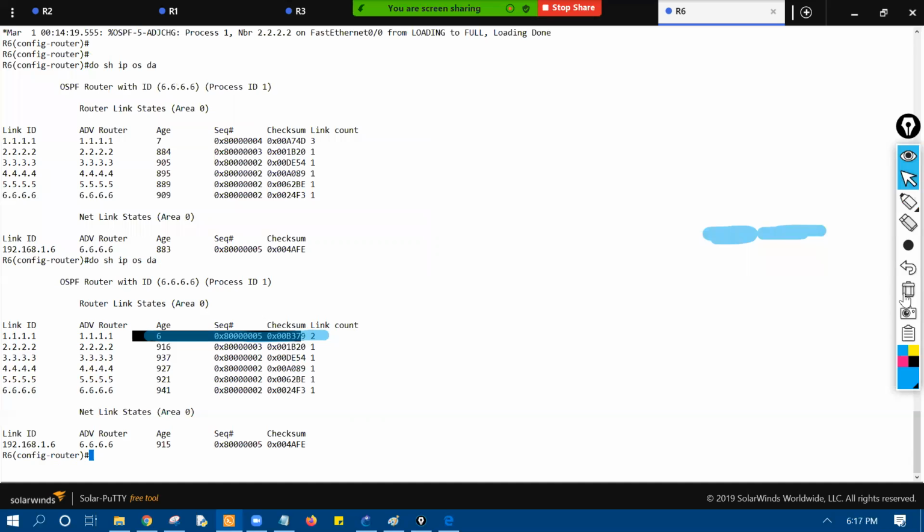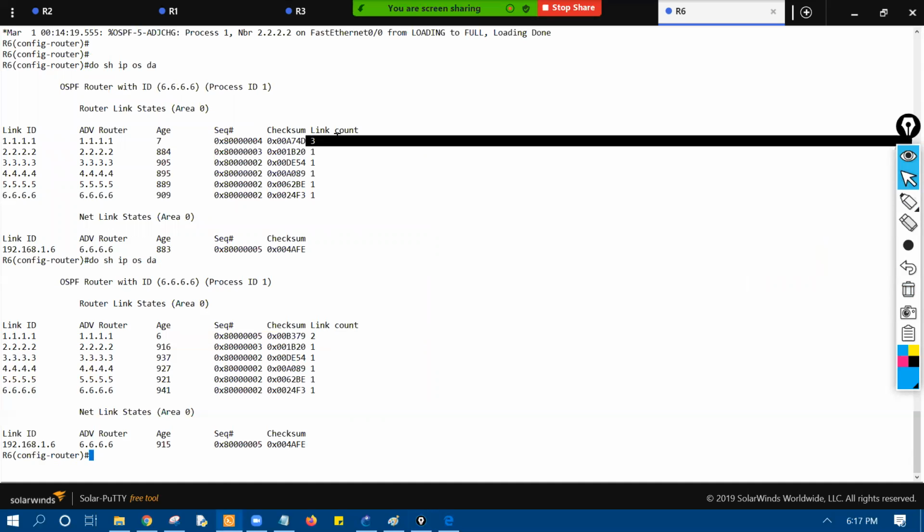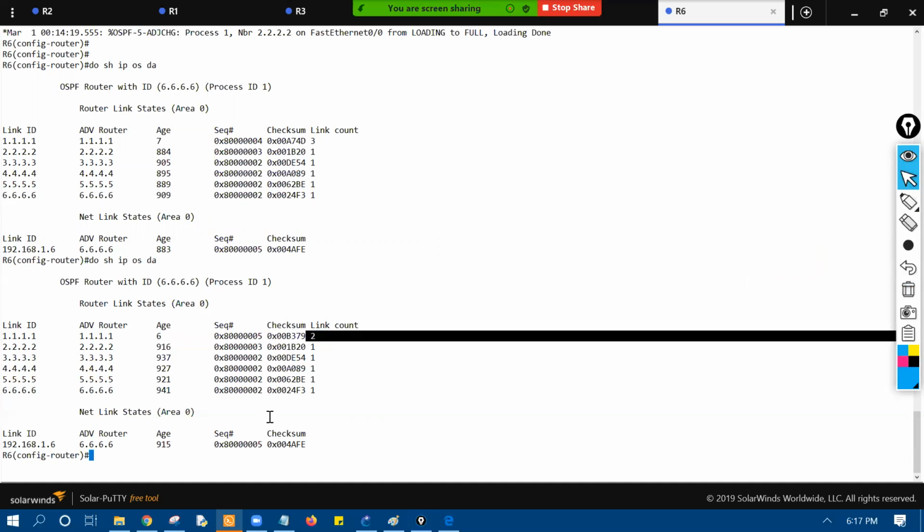Again, change. Previously, link count was 3, now 2, because I shut down this interface. Modification means what? Up, down, up, down.